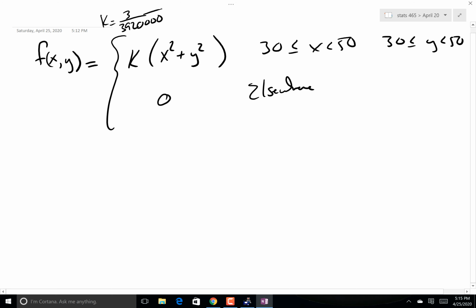That's nice. So then, what is k? Well, I just told you what k is. Find the probability that x is between 30 and 40. This is another part of the problem. And 40 is less than y is less than 50. Okay?